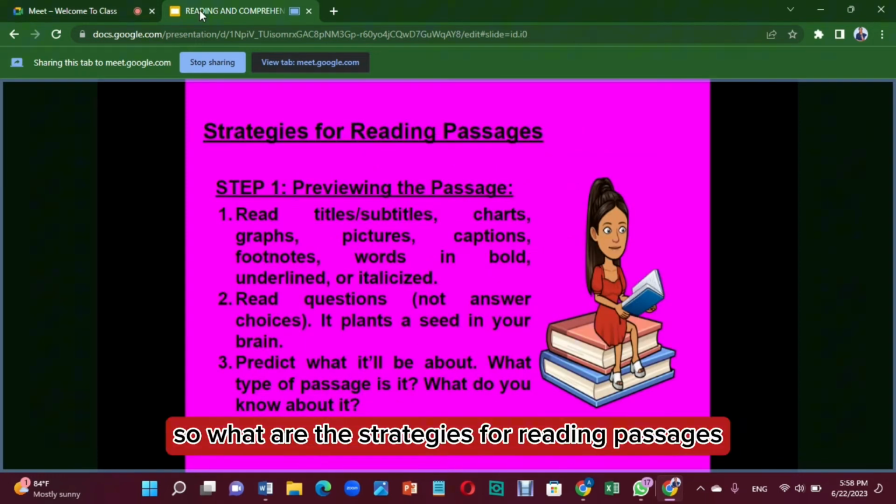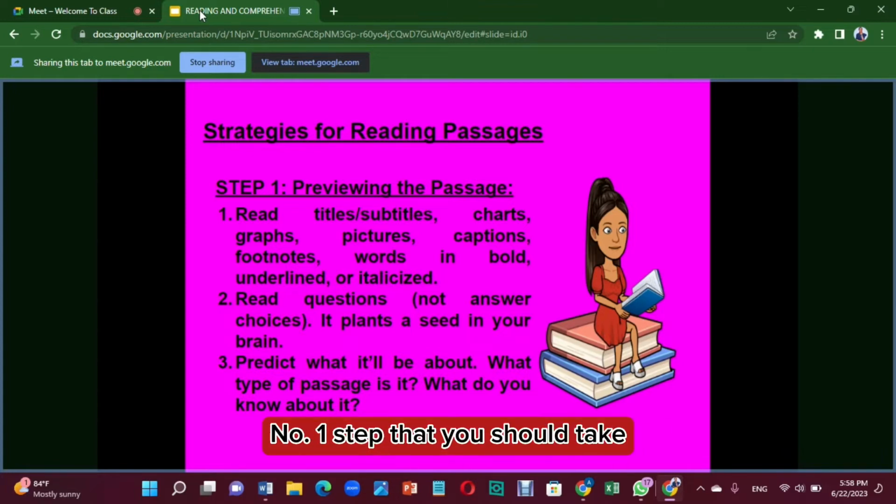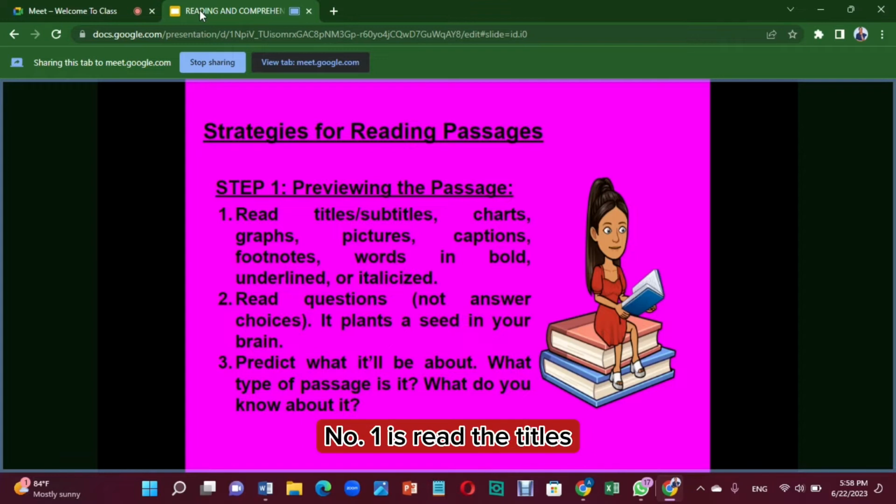So, what are the strategies for reading passages? Step number one when you are reading a passage is to preview the passage. How do we preview the passage? First, read the titles, the subtitles, the charts, the graphs, the pictures, the captions, the footnotes, the words in bold, and the words underlined or italicized.